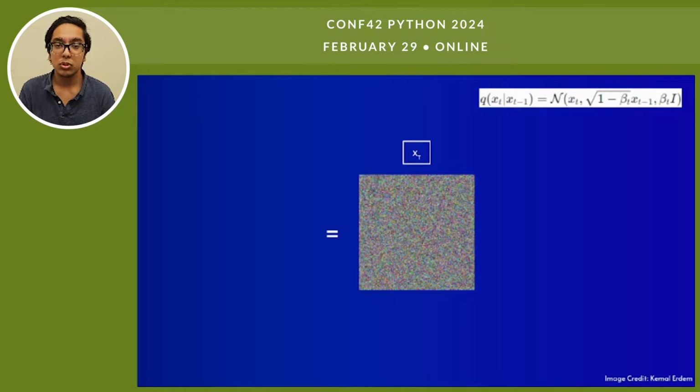Most notably, researchers at OpenAI used a nonlinear model that added a lot of noise at the beginning and then gradually tapered off as it approached the final time step. And this really improved the effectiveness of the diffusion model by preserving the image quality for longer. And this process forms a Markov chain, wherein the image at any given time only depends on the previous image.